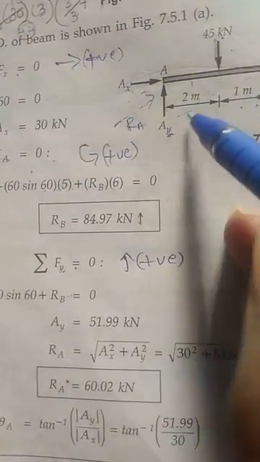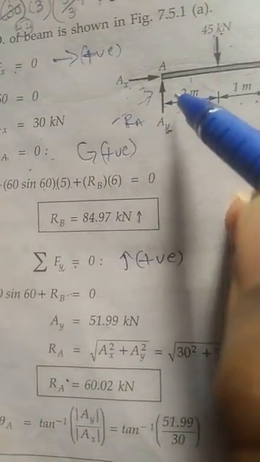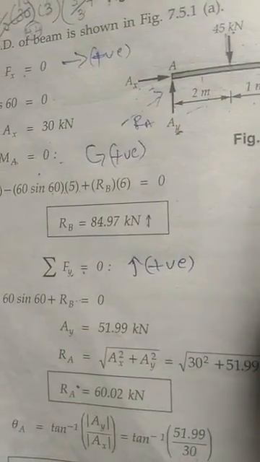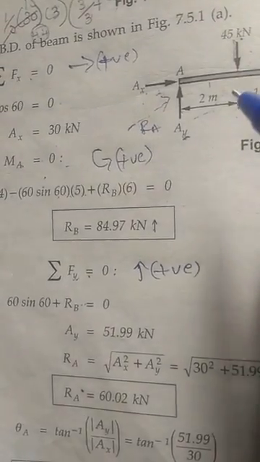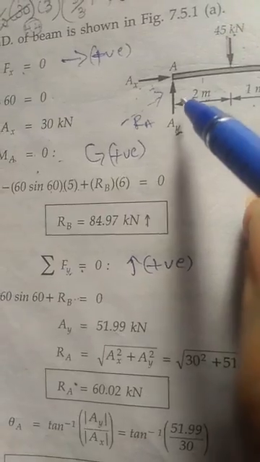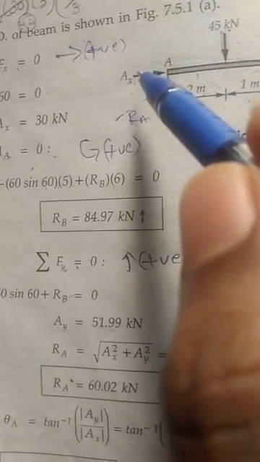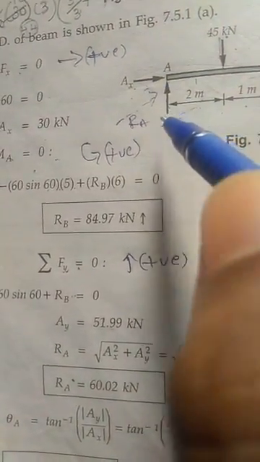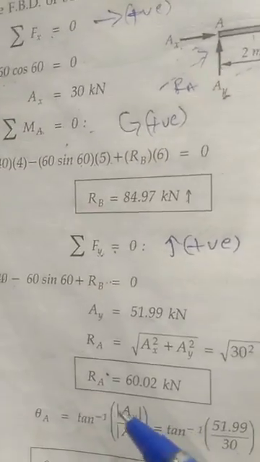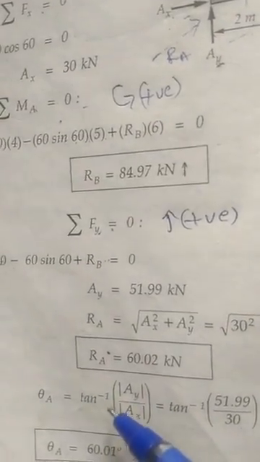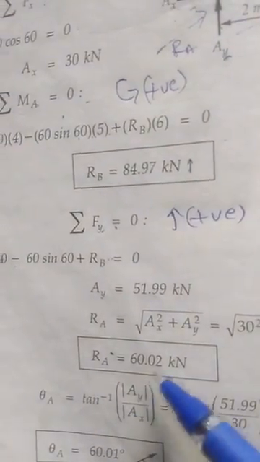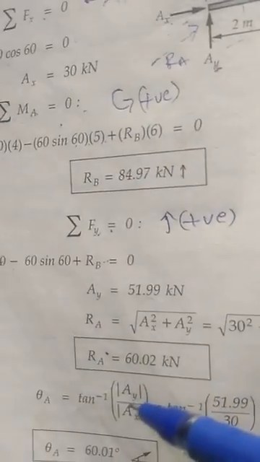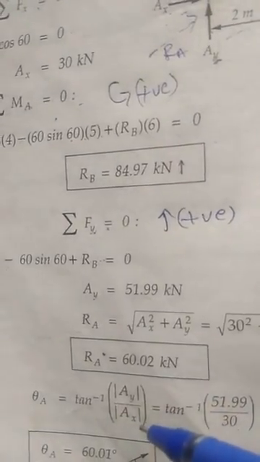But at what angle it is acting, you have to check. You know AY is a vertical force, AX is a horizontal force. Tan theta is opposite by adjacent. Opposite will always be the vertical force, and adjacent will be AX. So theta A is equal to tan inverse of the modulus of AY divided by AX.